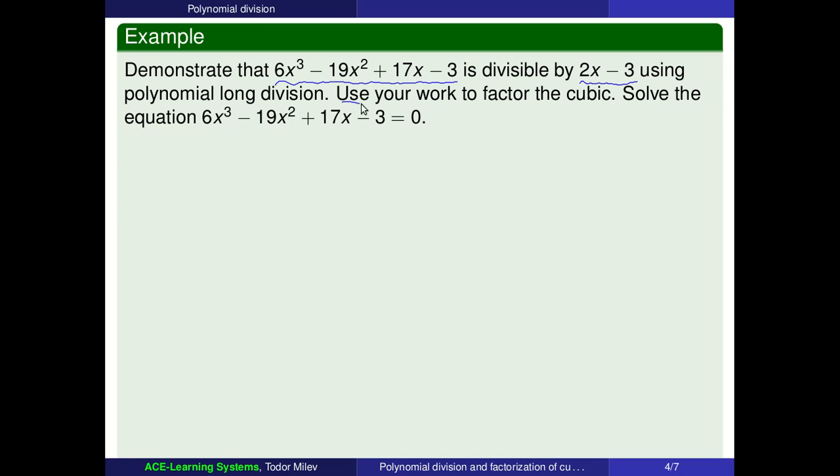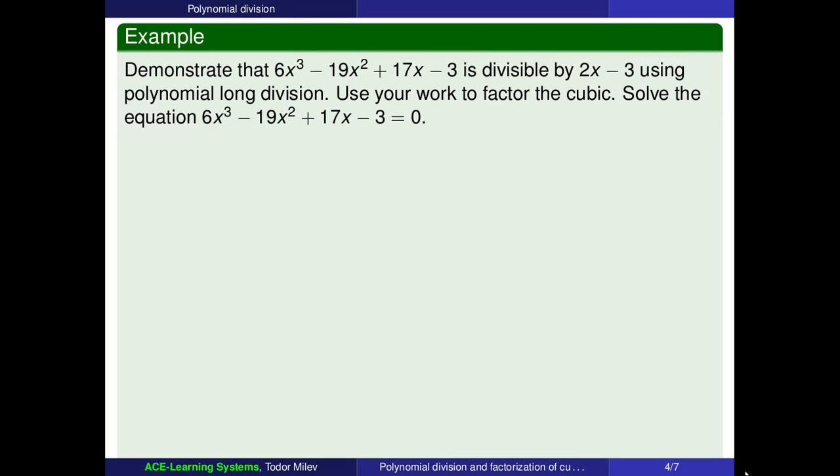Next, use your work to factor this cubic polynomial. And finally, solve the equation obtained by setting that polynomial equal to 0.